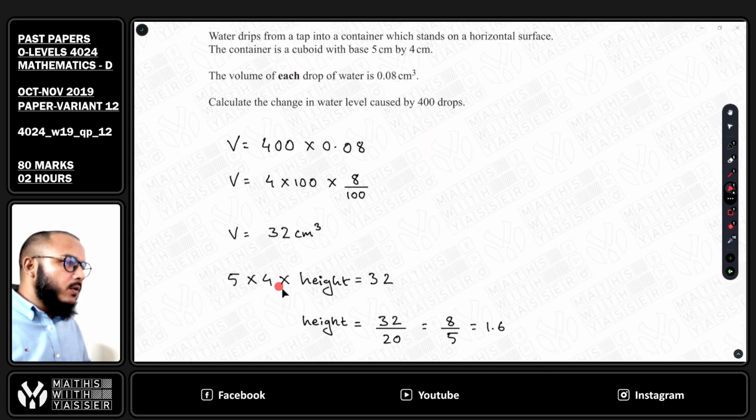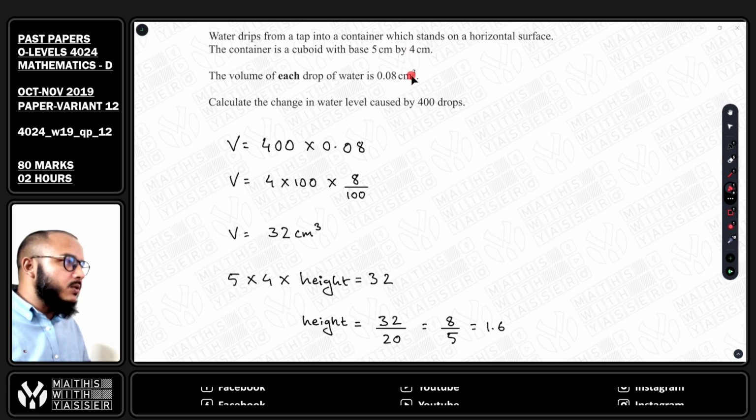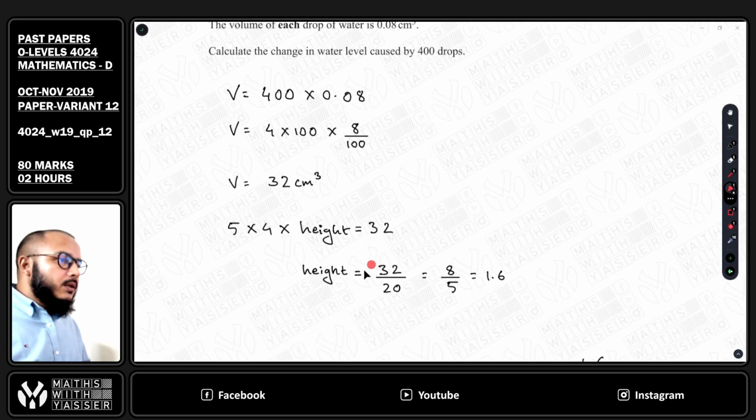So 5 times 4 times the height should be 32, which is the amount of water being poured into the container. And always make sure that all the units are the same in such questions, or else you might have to convert them into a common unit. Luckily we have the dimensions in centimeters, and the volume is also in centimeter cube. So now we can easily find the height.